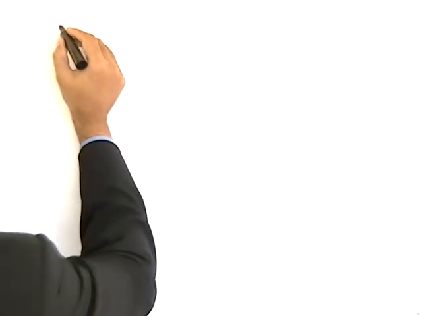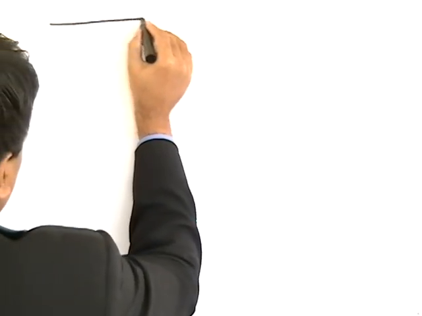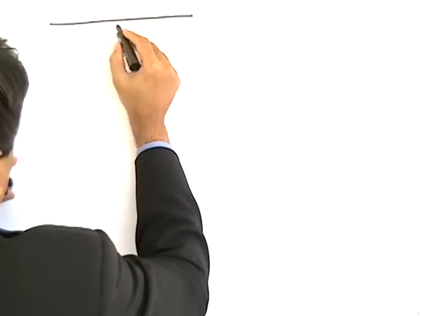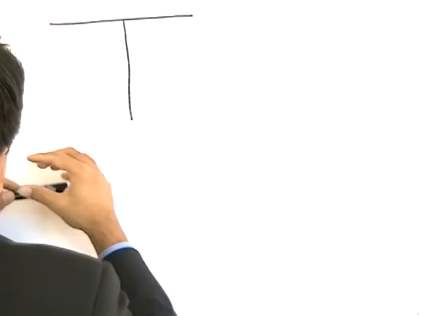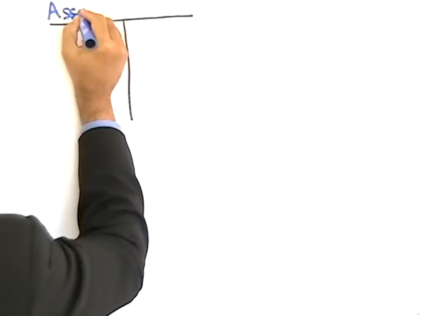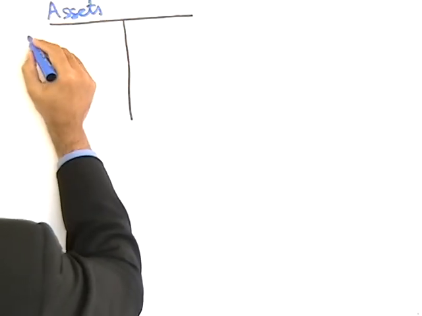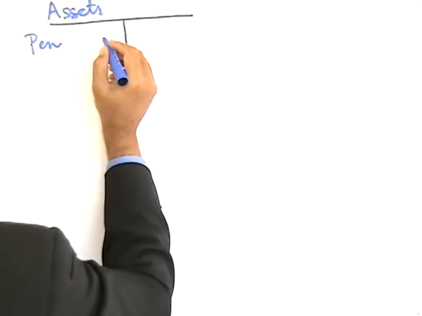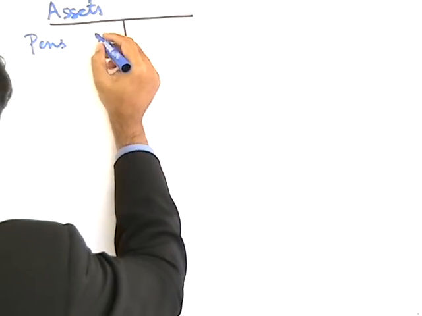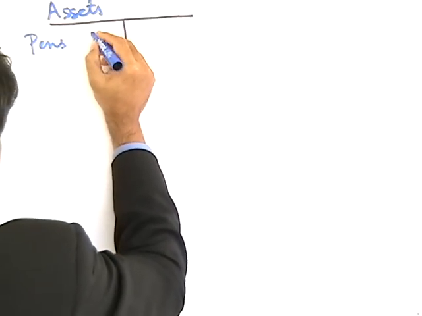So let us make a list of the assets. Let's see how an accountant would do it. So they would say that, okay, there are assets which are the pen, and let's say the pens are worth $10.